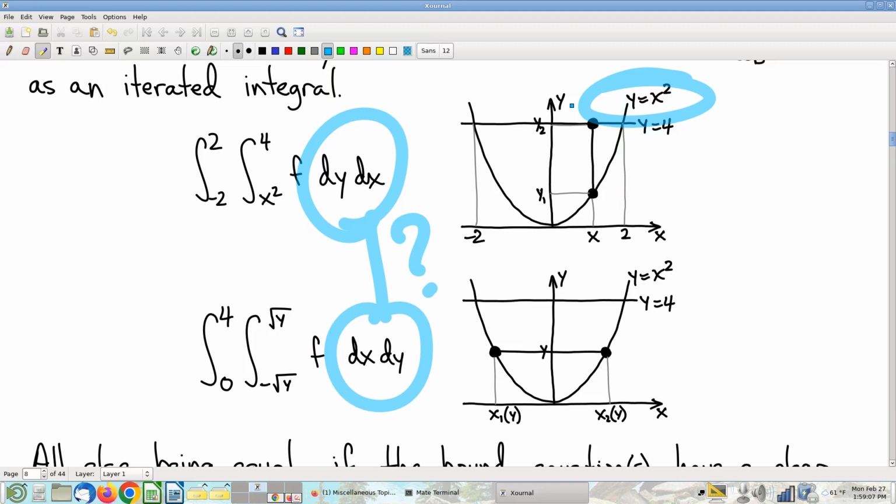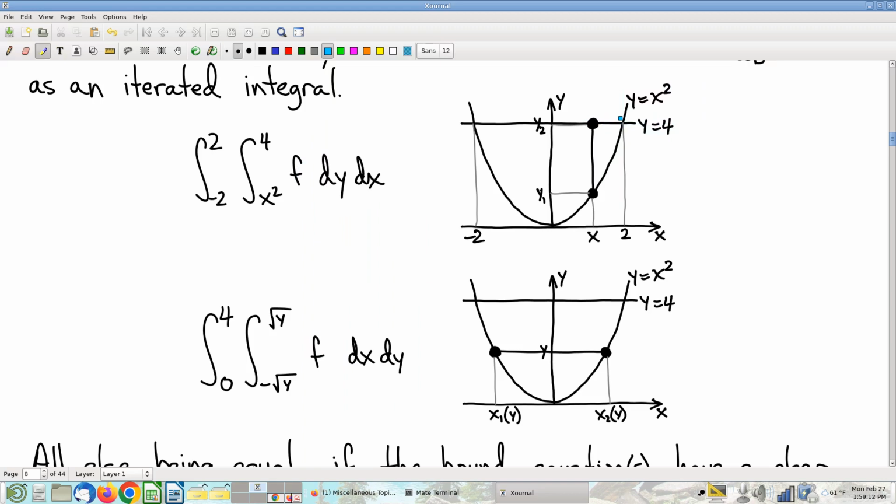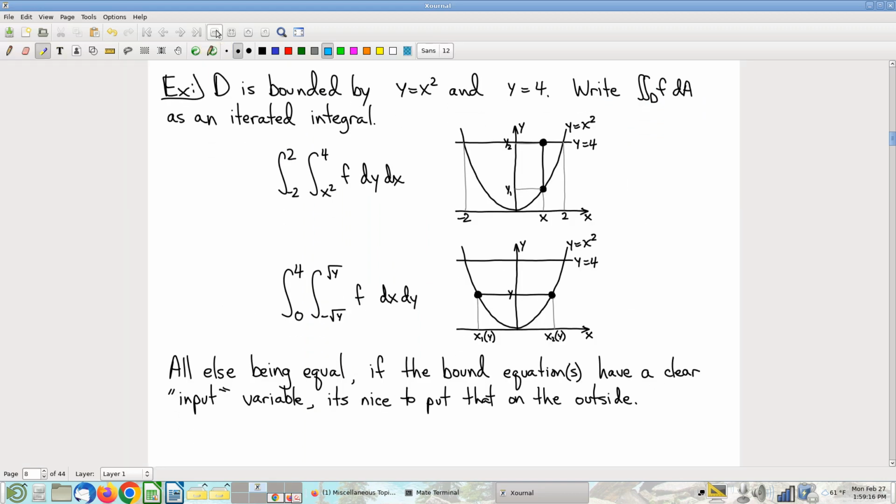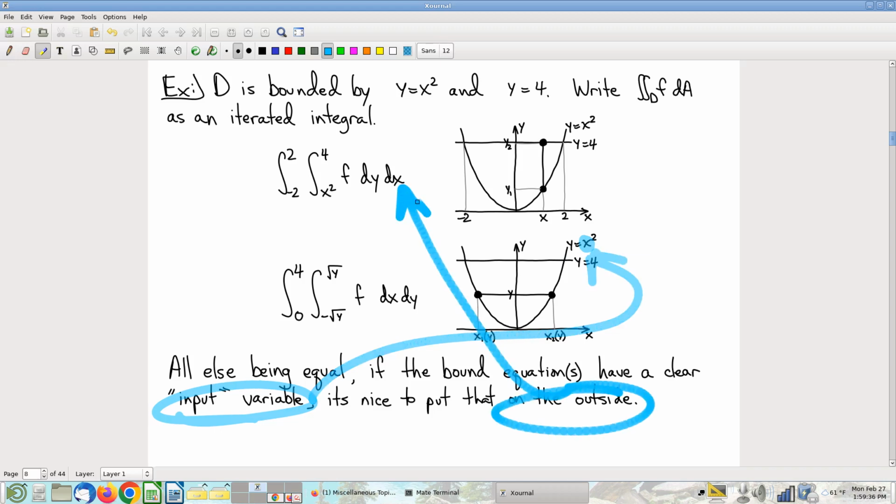Does that make sense? So, a good general rule of thumb, and this is not a law, and exceptions granted, but all else being equal, whichever variable you view as being the input variable, such as x in this case for that equation, it's nice to put that input variable on the outside.